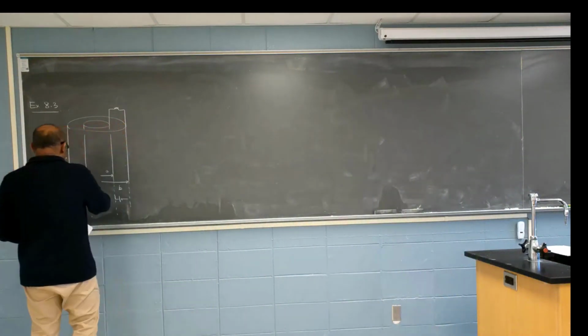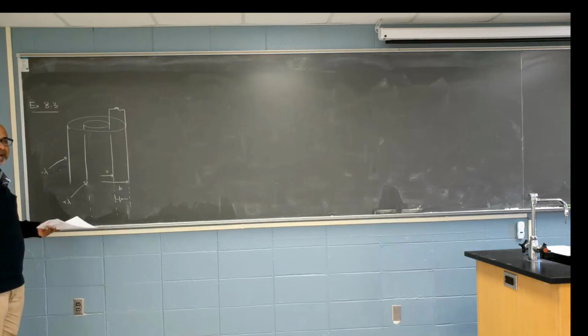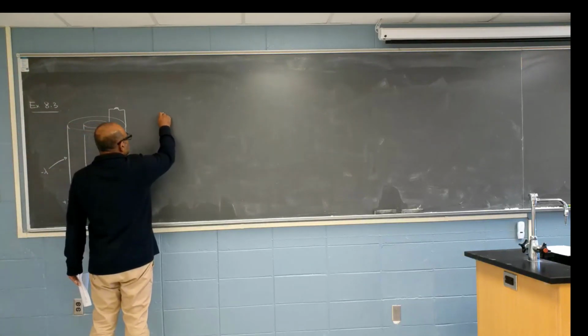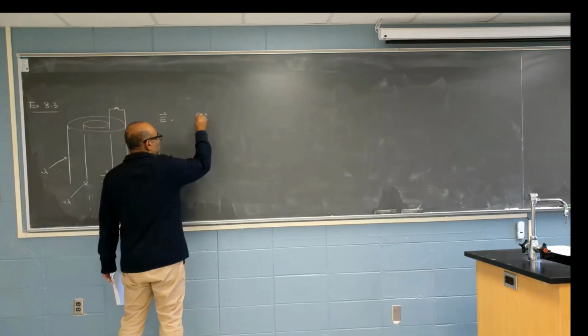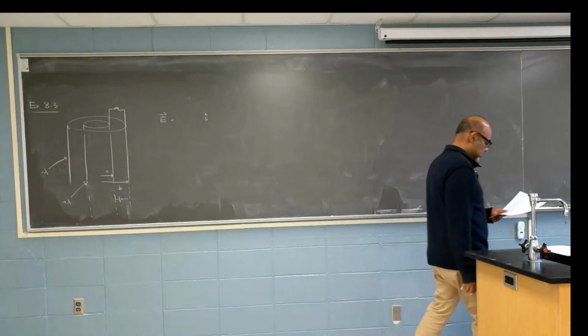So because of this charge density, there is an electric field outside. It is given by Gauss's law. So electric field will be proportional to S hat, normal to the cylinder.